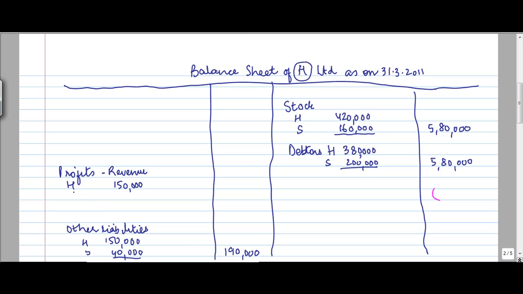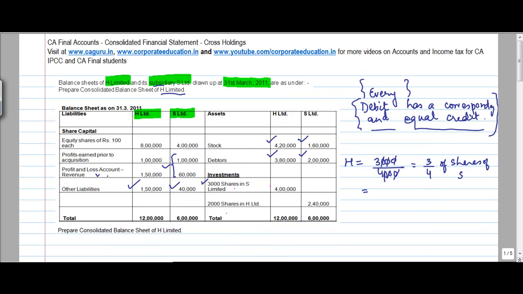Right? But some part of profit of S, as you must have been doing in your earlier questions also, also belongs to H. And how much of that profit belongs to H? It's 3/4. Why? Because it holds 3/4 of the shares.